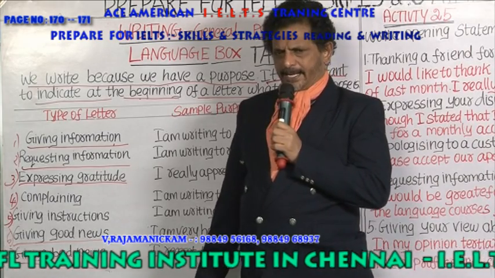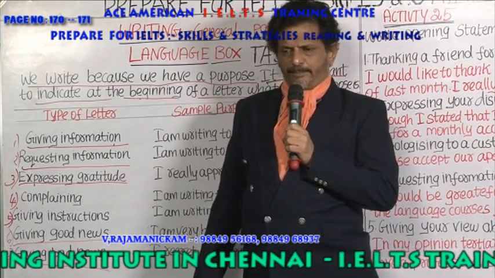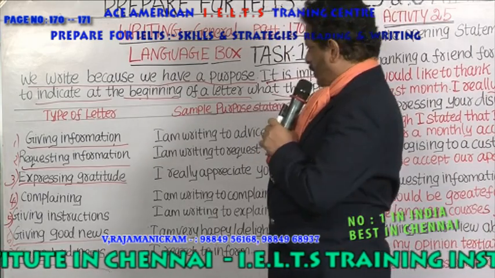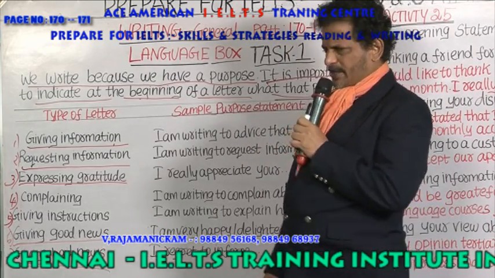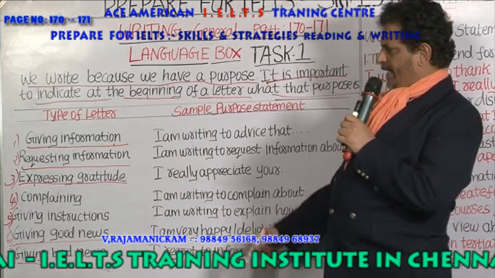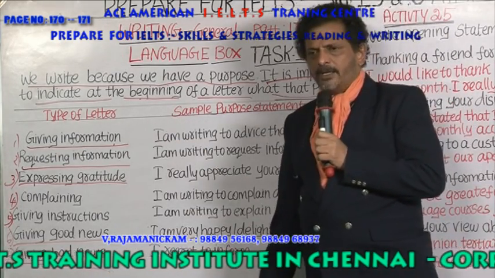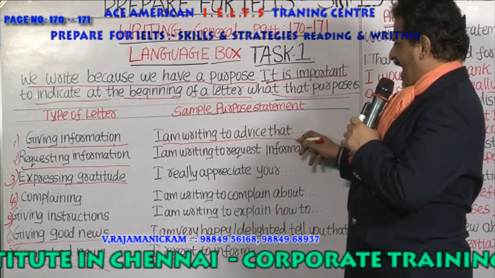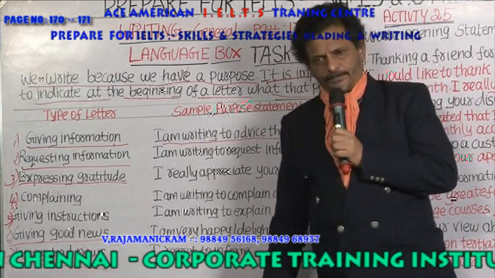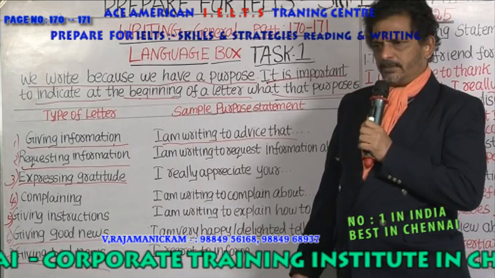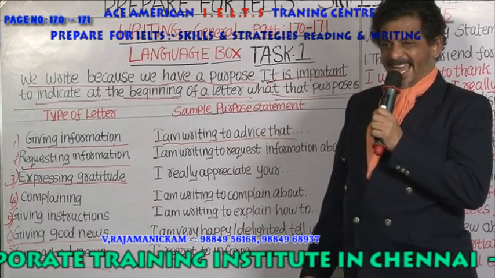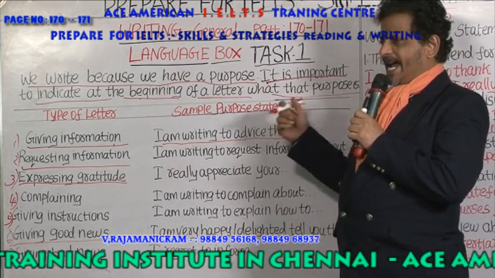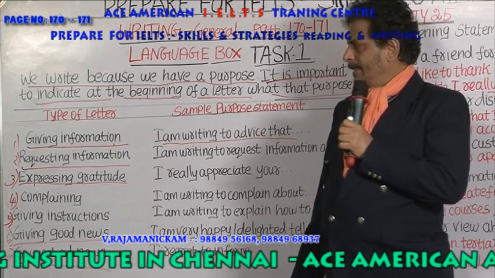But whenever you write a letter, state at the beginning of the letter what you want to say. What's the purpose of writing this letter? For example, whenever you want to give information, at the beginning of the letter you write, I am writing to advise that. You're giving information. I'm writing this letter to advise that, and then you can add what it is.